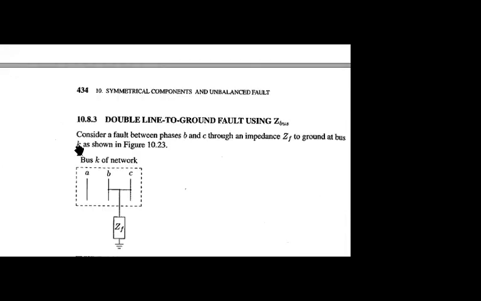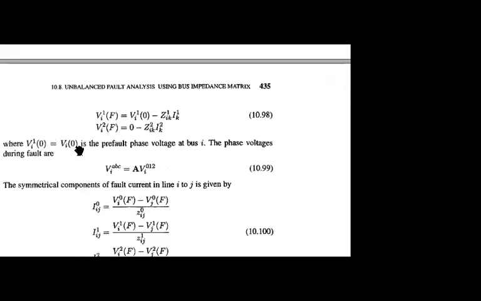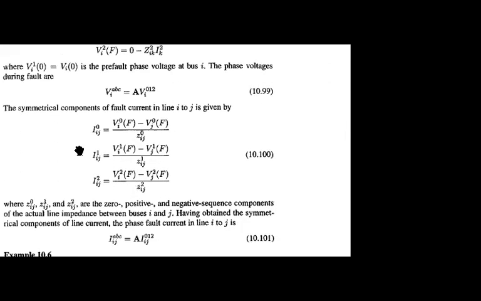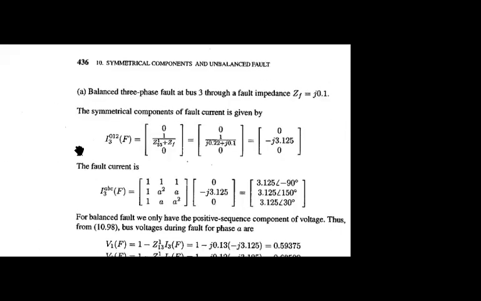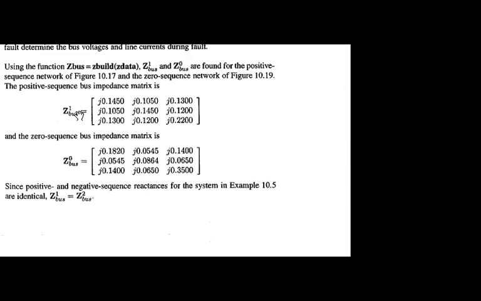That's why you don't need to find it repeatedly; you can reuse that information. So it is the result or outcome of that Z bus, that means Z bus 1 and Z bus 0. And Z bus 1 and 2 are the same. They have the same reactance information for both scenarios, positive and negative.